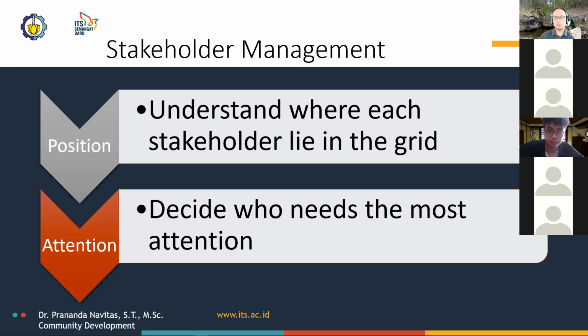Another way to look at stakeholder management, and do remember that all the people and groups we're talking about here are stakeholders, those who can affect and are affected by the effort in question, is that the most important stakeholders are those most dramatically affected.